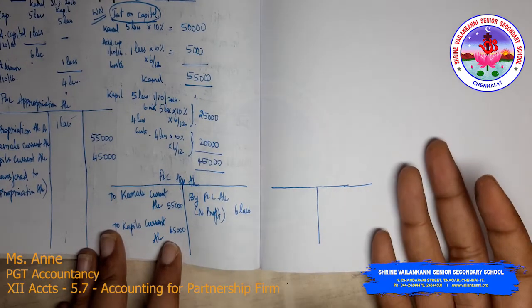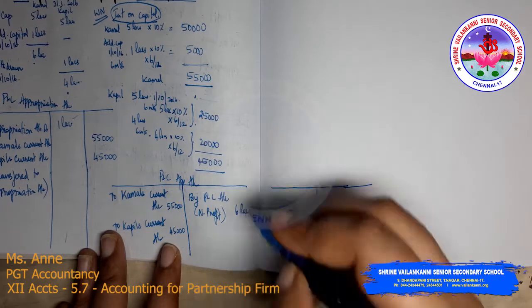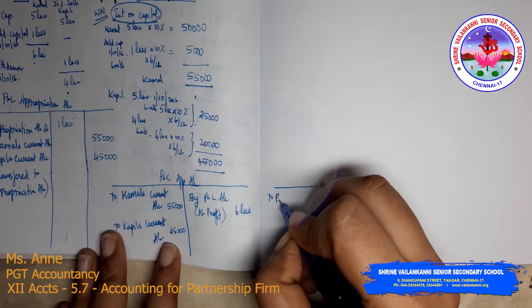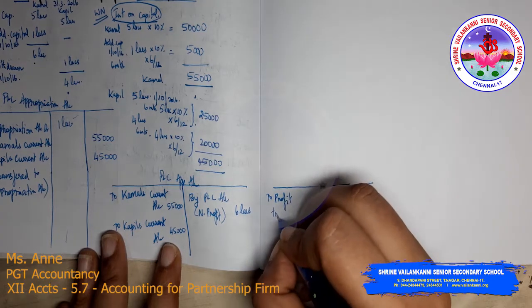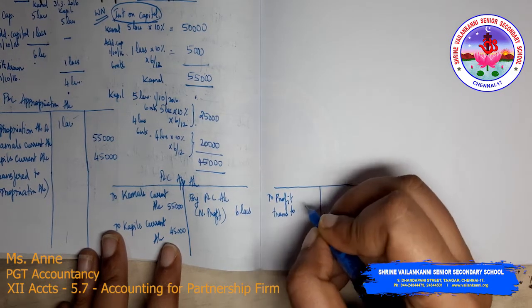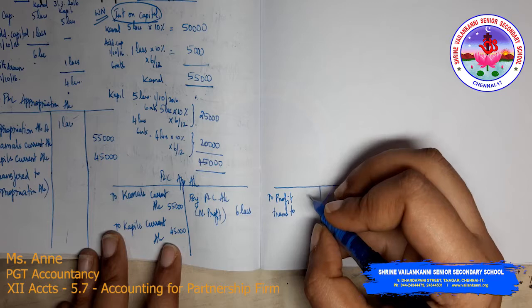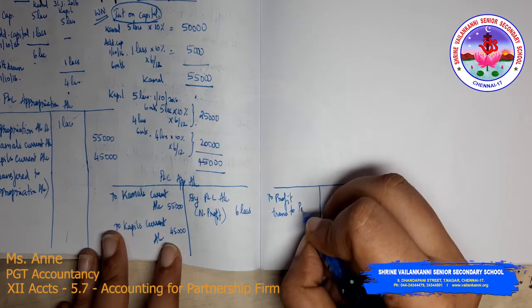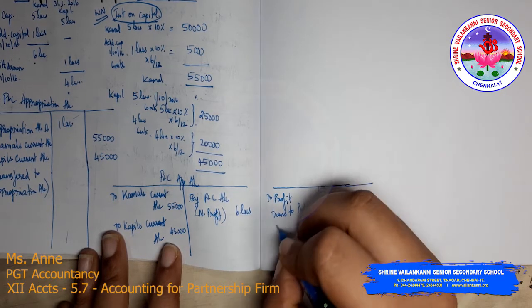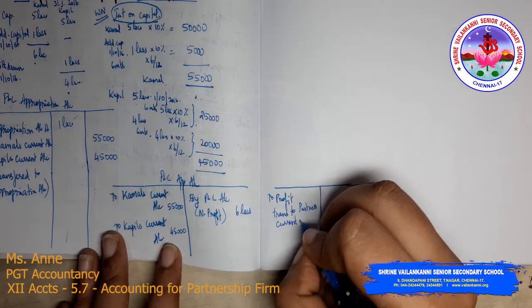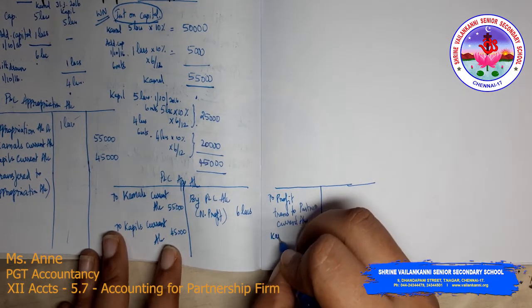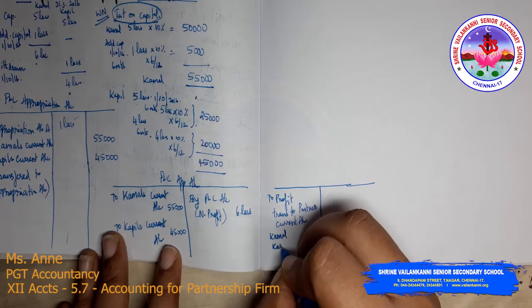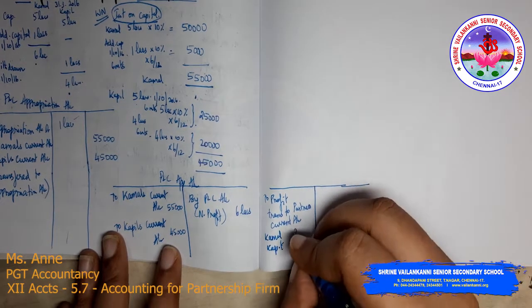You get 5 lakhs. So 5 lakhs will be apportioned like profit transferred to partners' current account. Okay, so Kamal, Kapil equally, am I right?